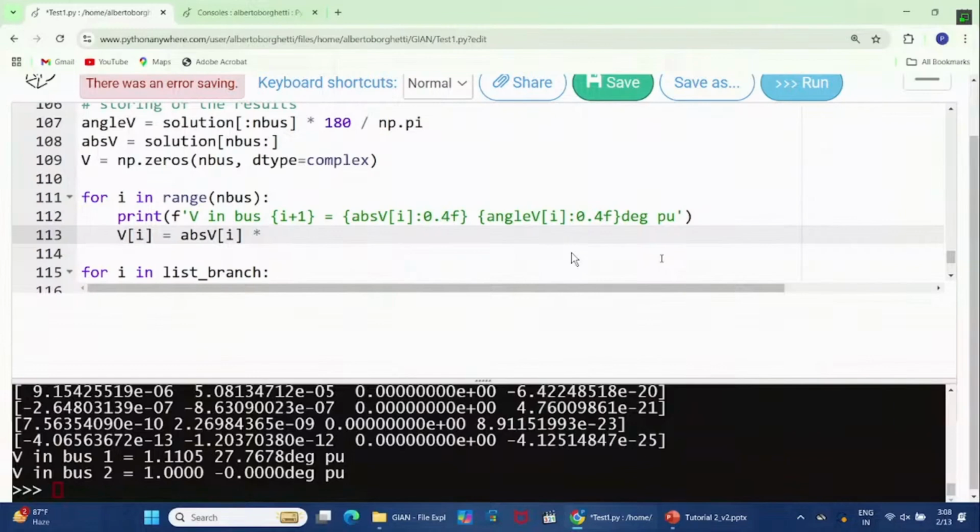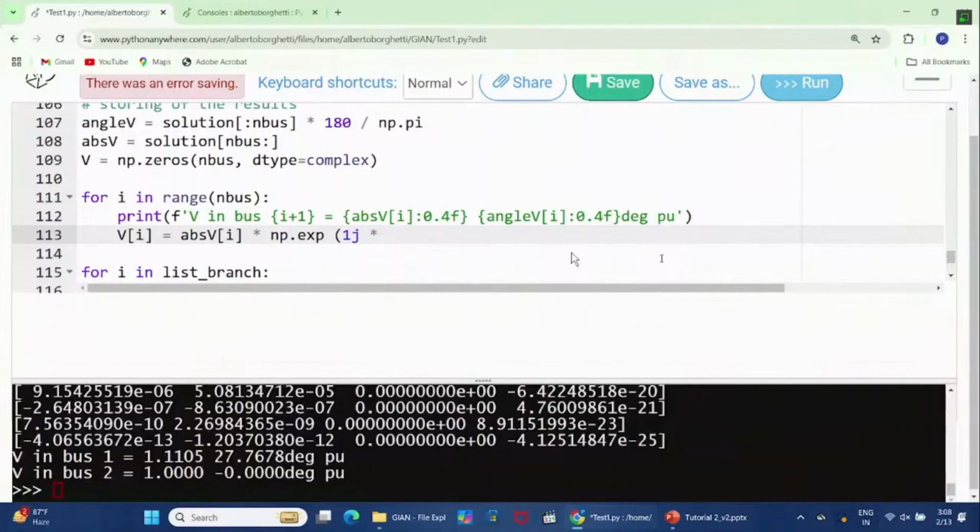It is the modulus multiplied by the exponential function with the exponent j and the angle. So the exponential function is np.exp, and the exponent is 1j multiplied by the angle.